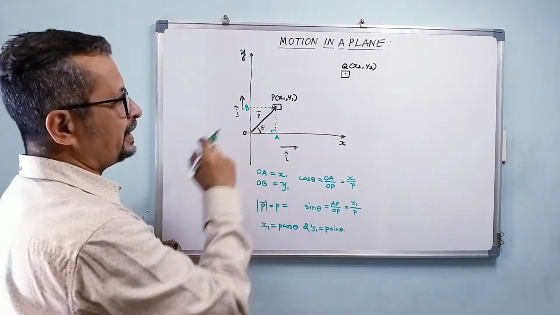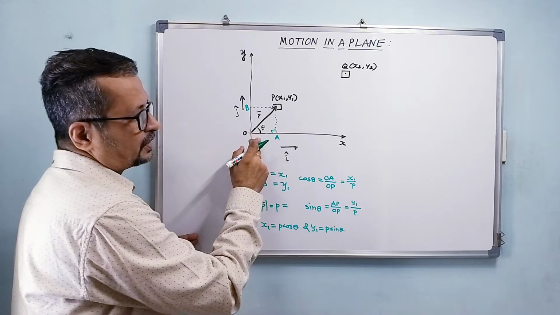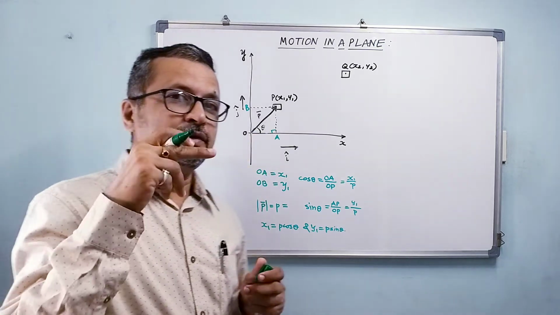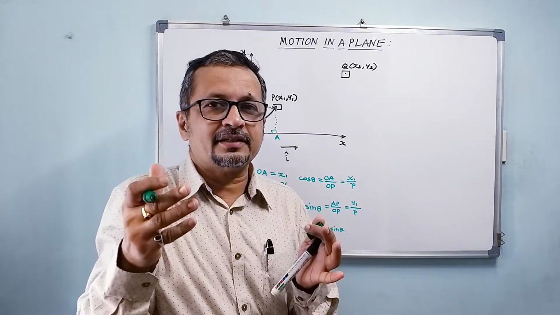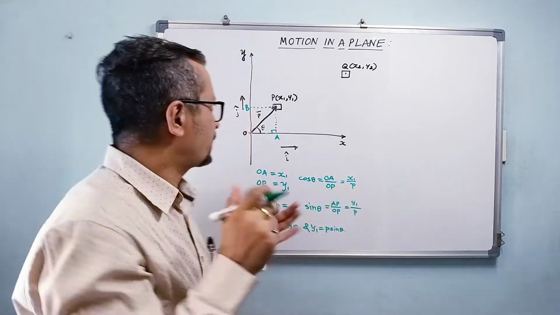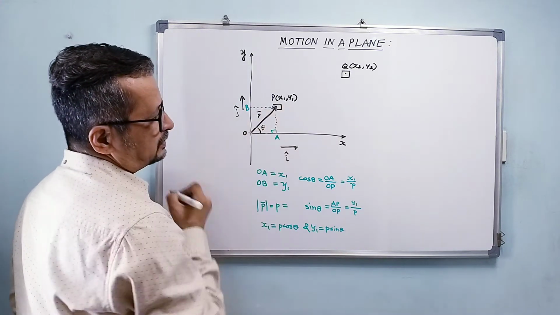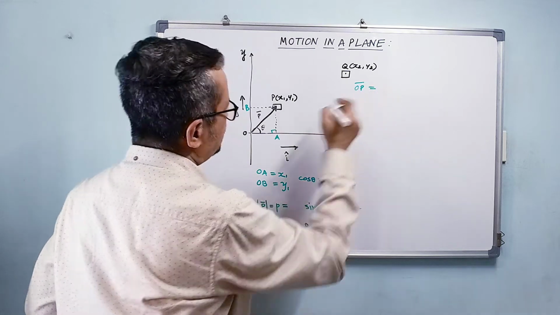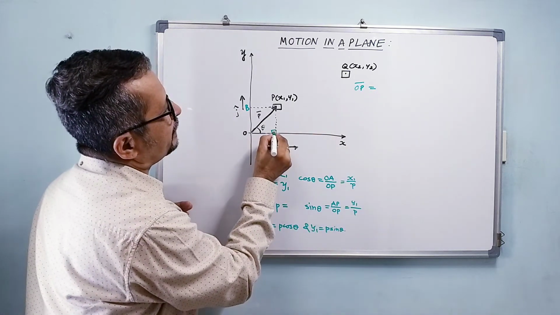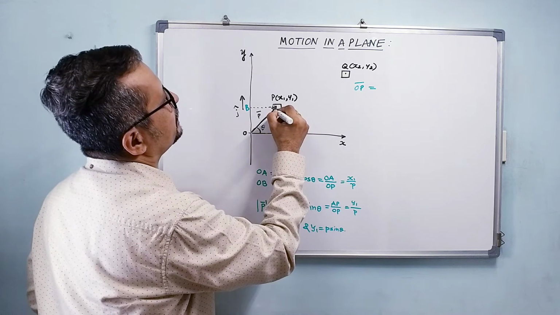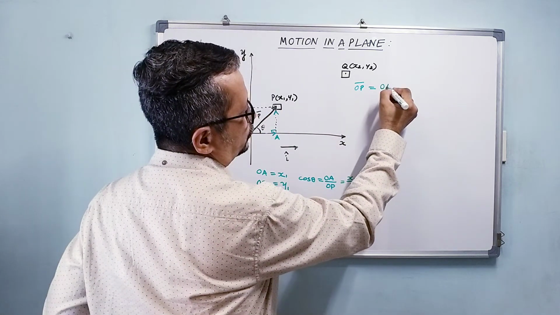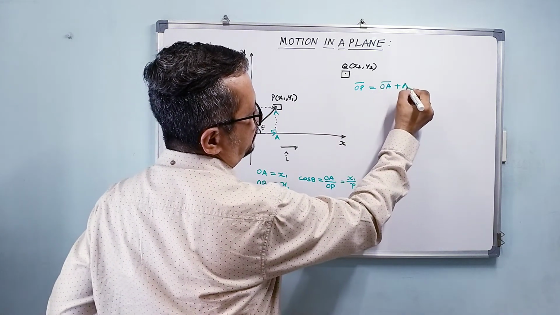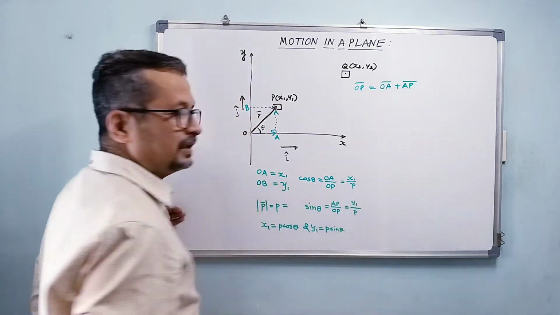We'll express this vector. Now let us try and recollect the triangle of vector addition. Now what is this OP bar? If I use the triangle law, then that would be OA bar plus AP bar, isn't it?